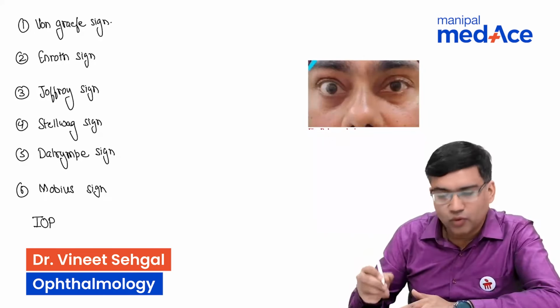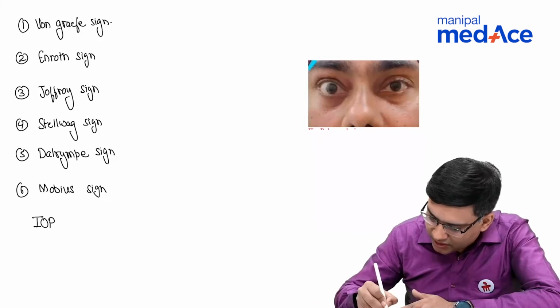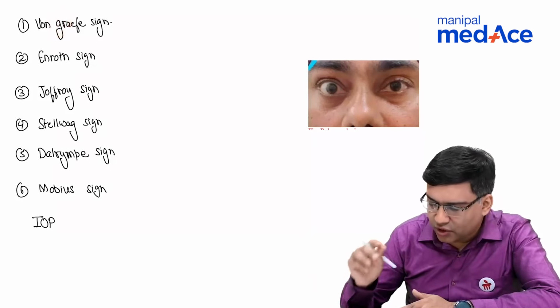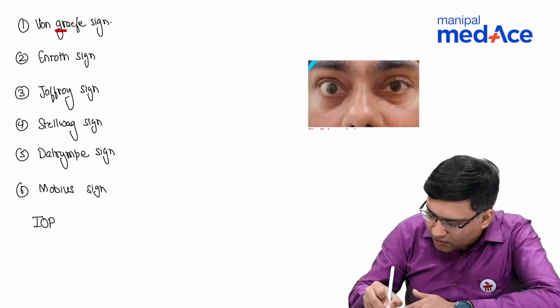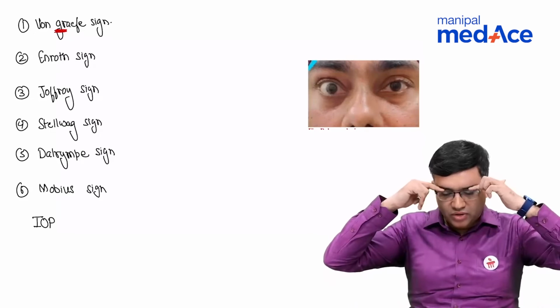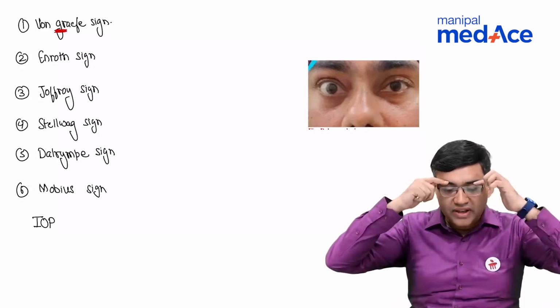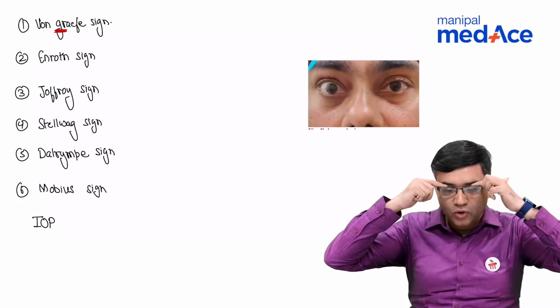So first sign is the von Graefe sign. You can just remember it with the word G. So what it means is that when the patient looks down, usually the eyelid also follows it.